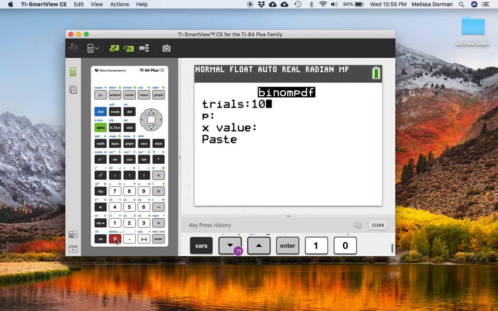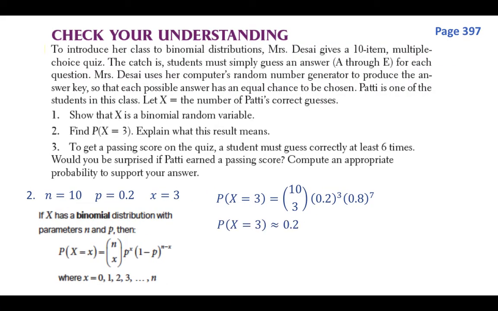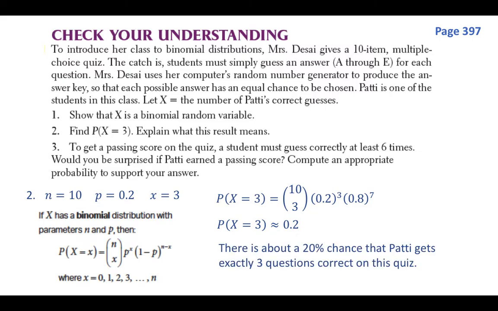Total number of trials is 10. Probability 0.2, and then we want 3 questions correct, 3 successes. So we get about 0.201. About 0.2. So that means there's about a 20% chance that Patty gets exactly 3 questions correct on this quiz.